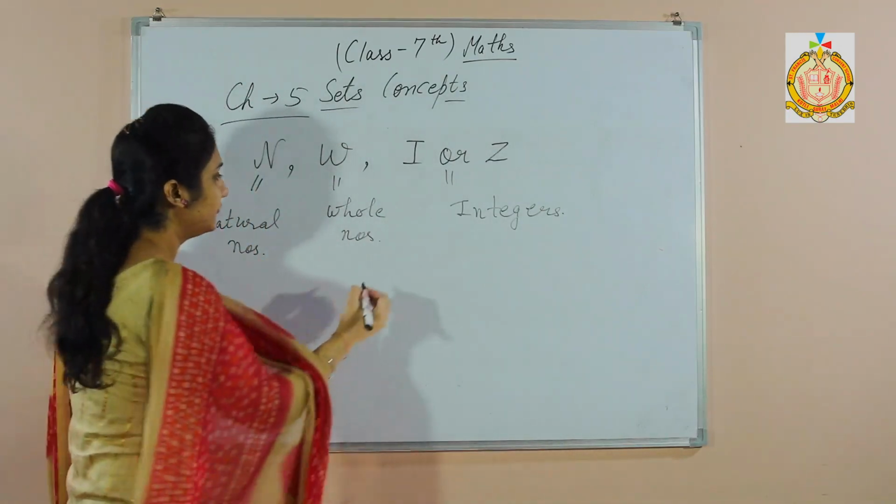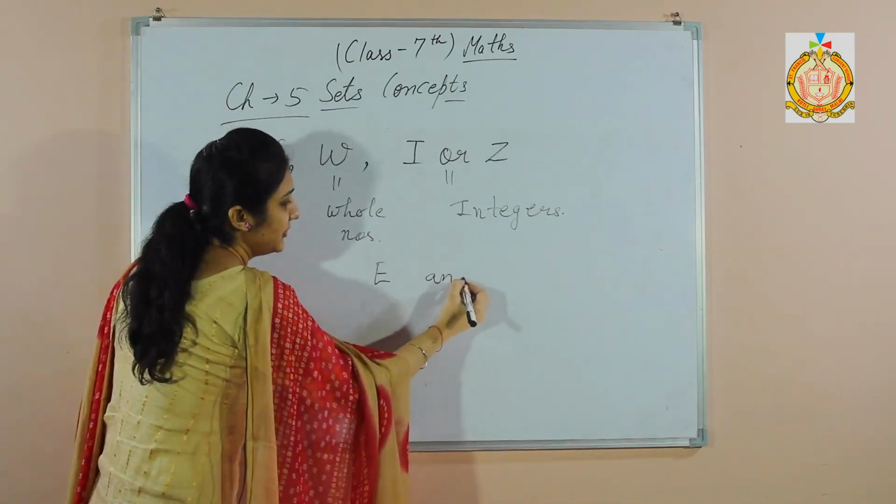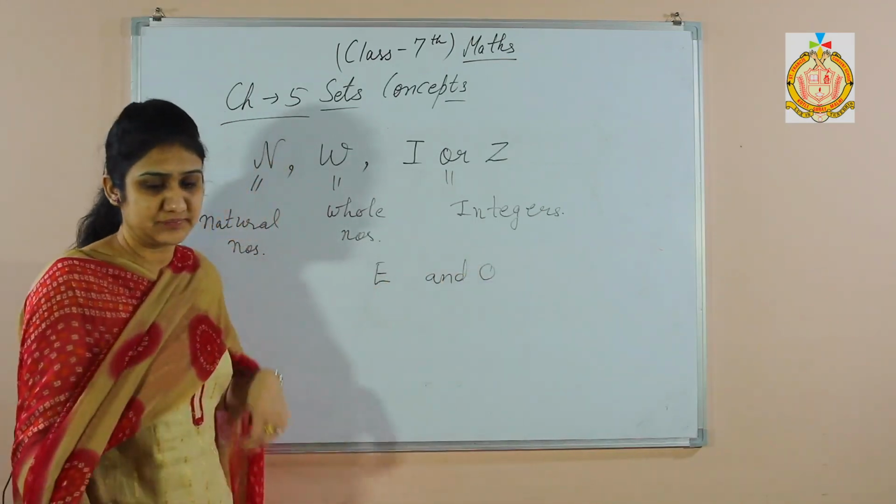Similarly, capital E for even numbers and capital O for odd numbers.